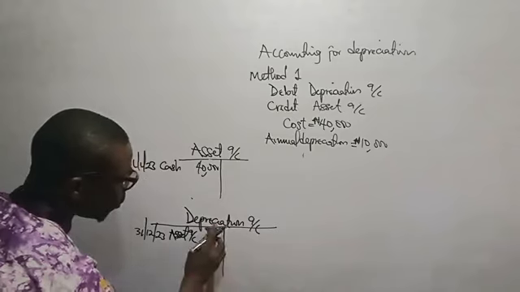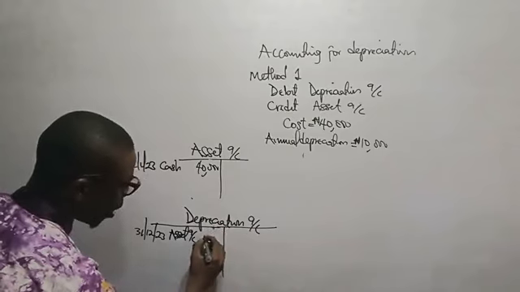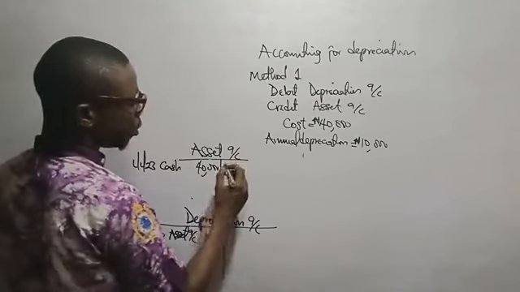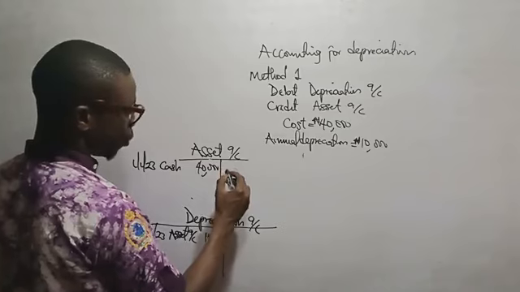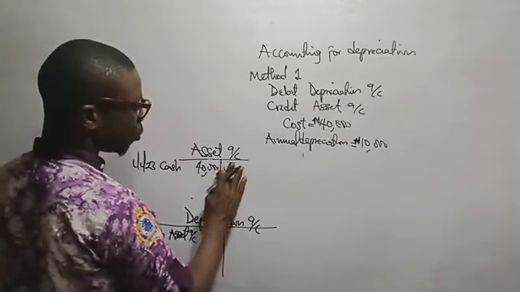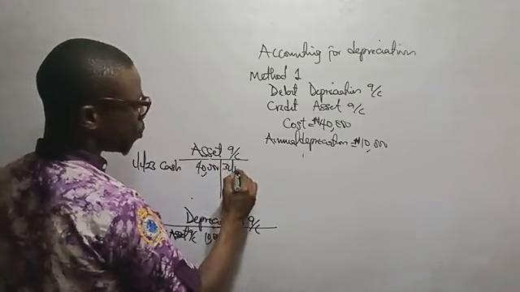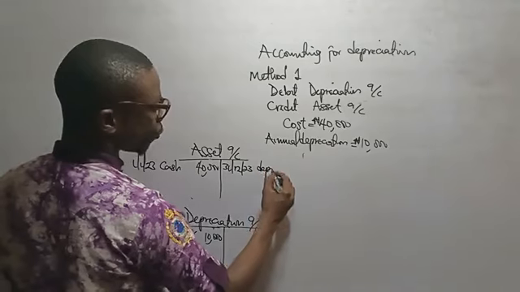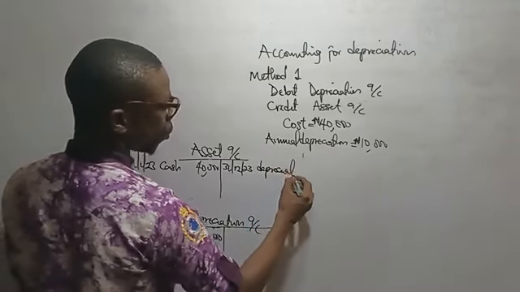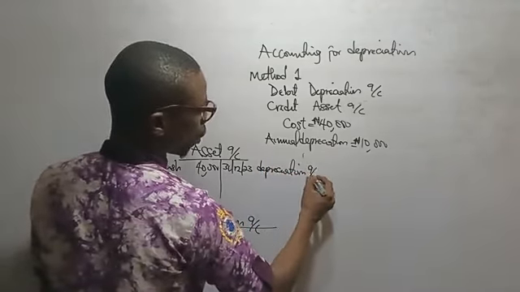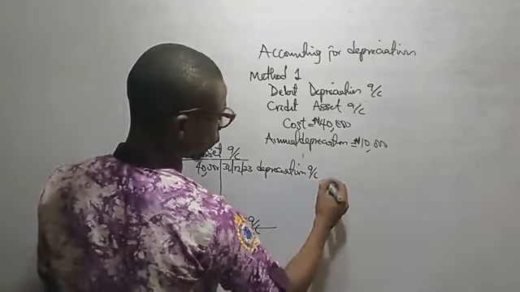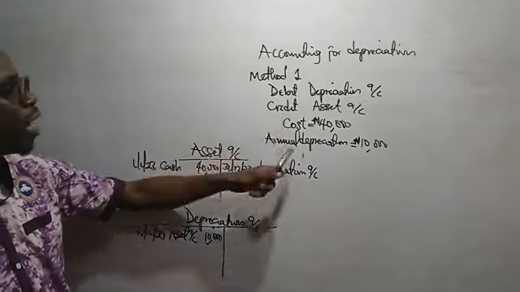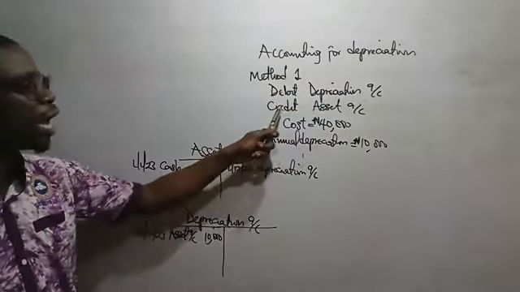Now you credit the asset account with the depreciation amount, on 31st December 2023. Now, can you follow method 1? Method 1 says debit depreciation account and credit asset account.